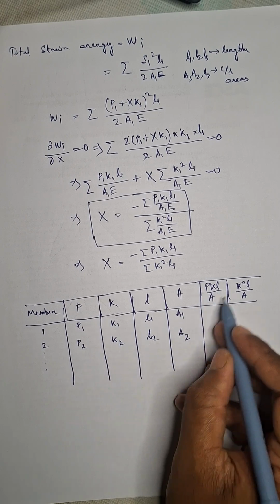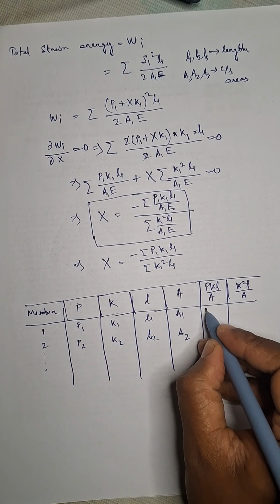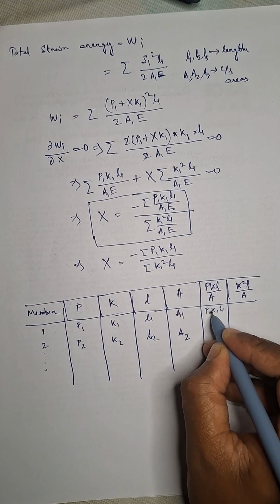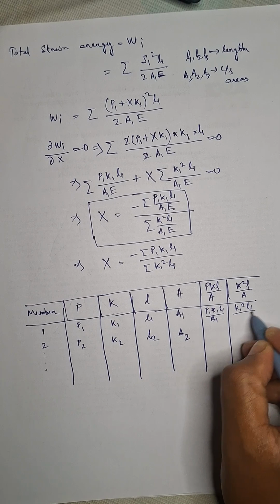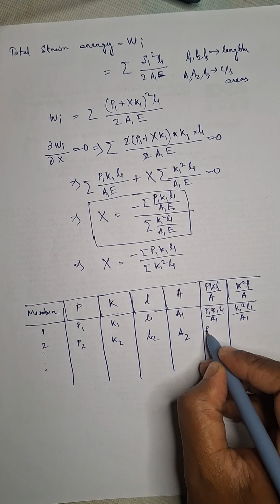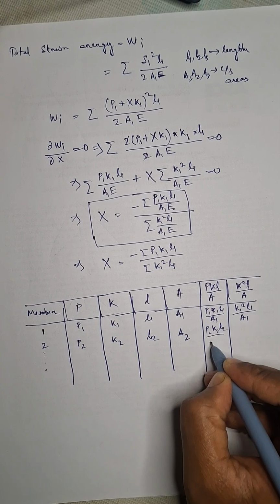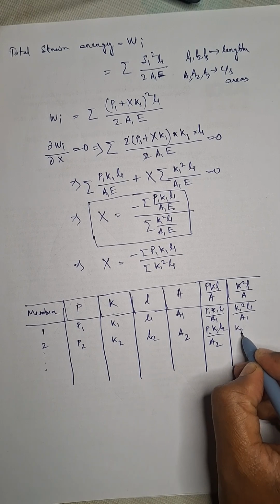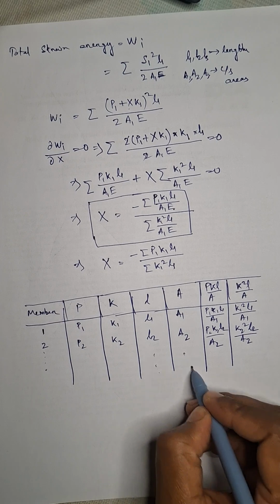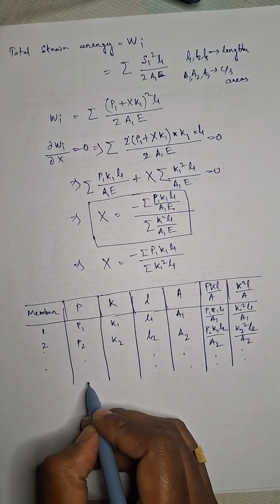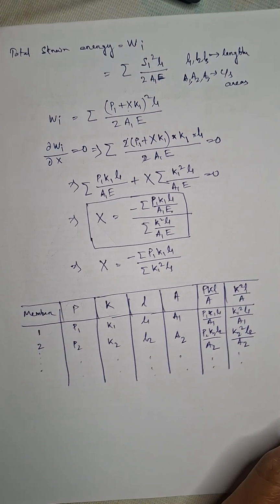Now multiplying and finding out this calculation, we will get P1 K1 L1 divided by A1. This one is K1 square L1 divided by A1. We'll get P2 K2 L2 divided by A2, and this one will be K2 square L2 divided by A2. Similarly, for whatever the number of members, we have to find out this.